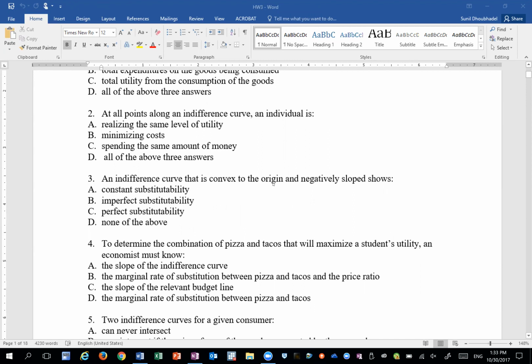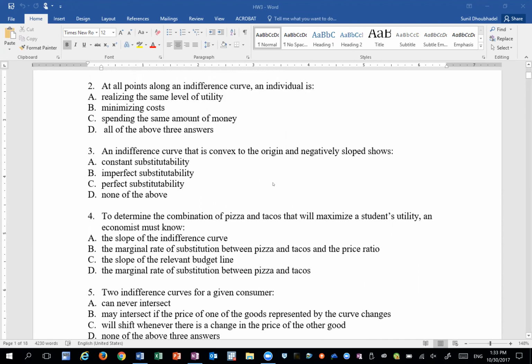Okay. An indifference curve that is convex to the origin and negatively sloped shows constant substitutability, imperfect substitutability, perfect substitutability, or none of the above. And the answer is imperfect.